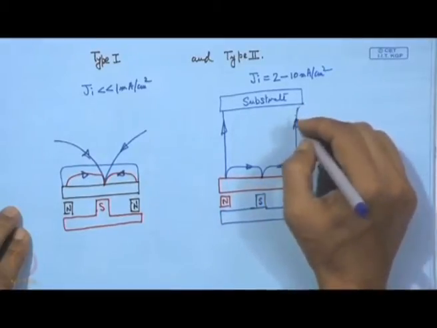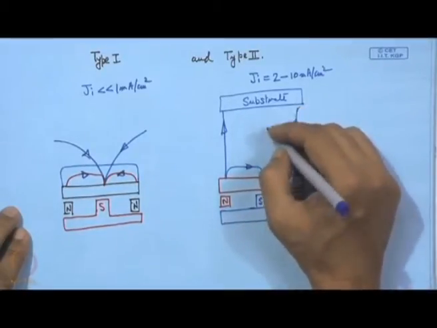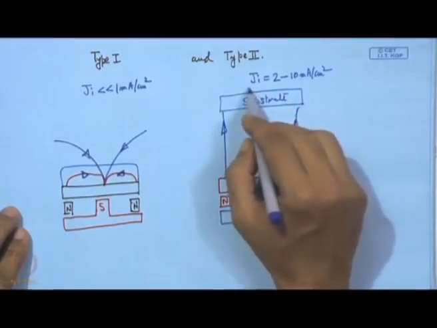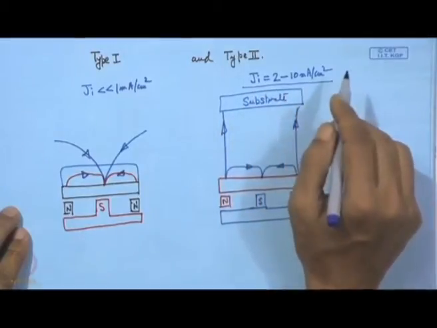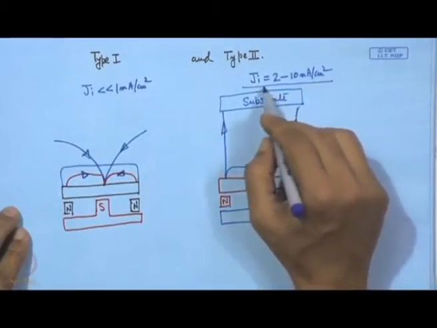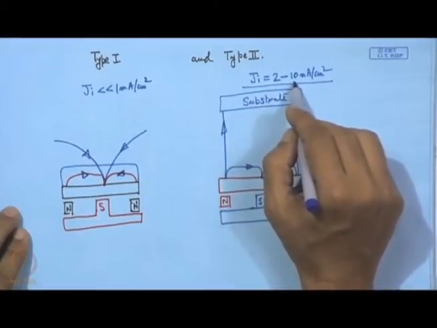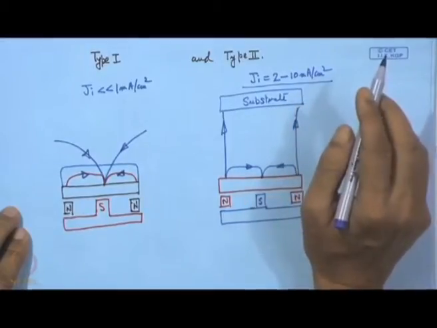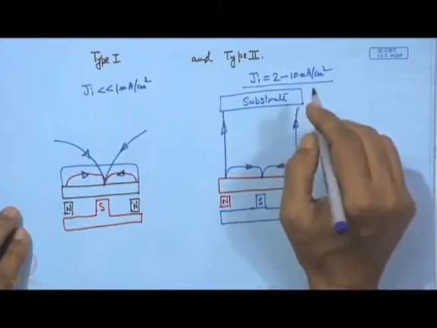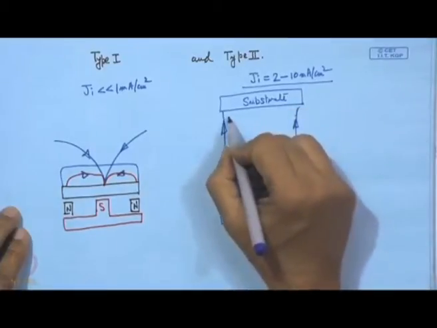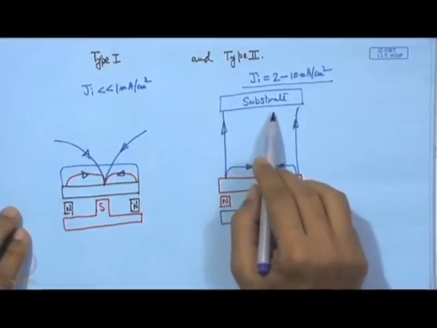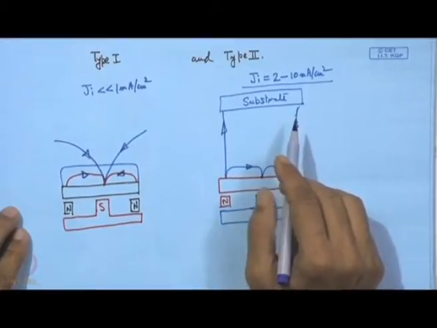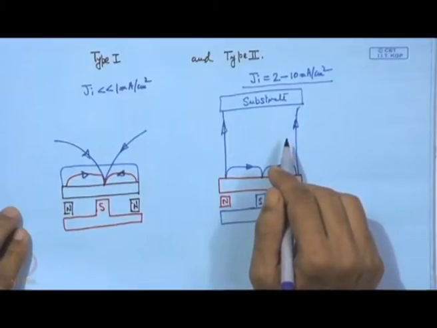As a result, we can expect ion impingement on the substrate, with an ion current density in the order of 2 to 10 milliampere per centimeter square, and we can expect better coating properties over this substrate. This can be made possible even without application of any substrate biasing.